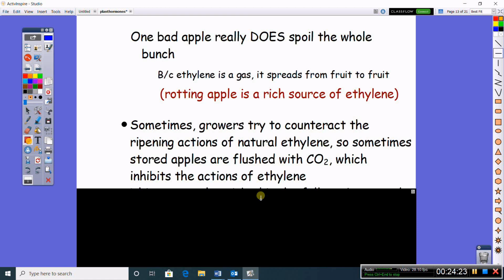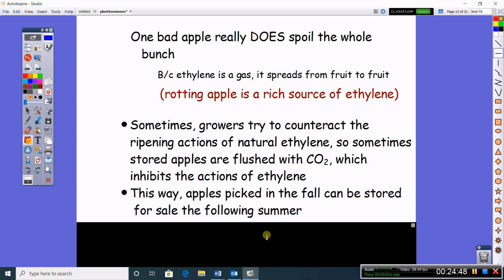So sometimes growers try to counteract the ripening actions of natural ethylene. Sometimes stored apples are flushed with CO2, which inhibits the actions of ethylene, which means if they picked apples in the fall and they wanted them to last a little bit longer, they could store them with constant supplies of CO2, which would help keep them fresh for longer.